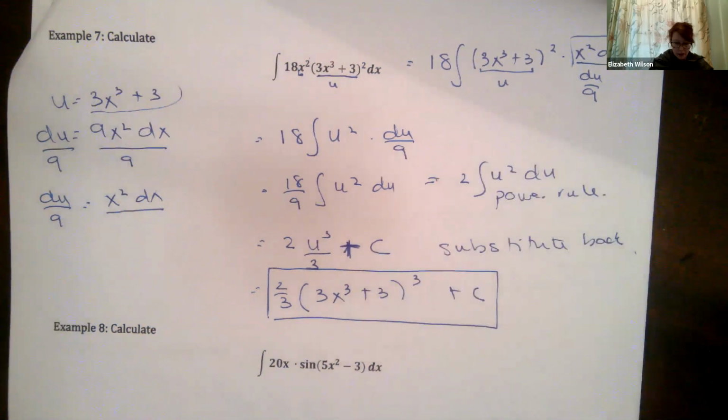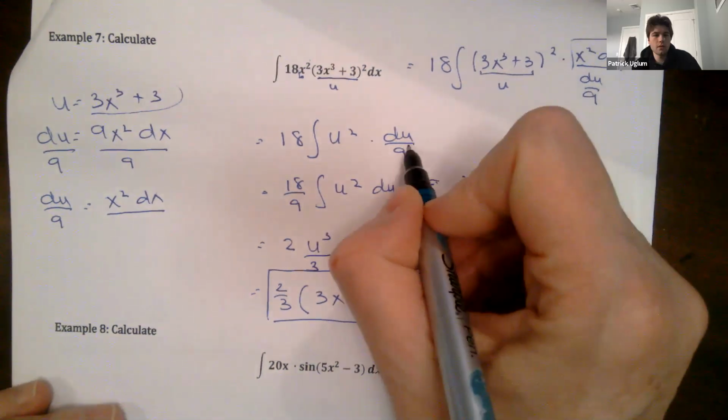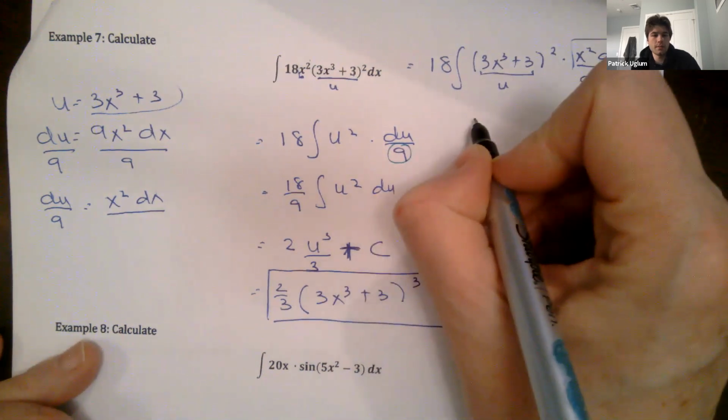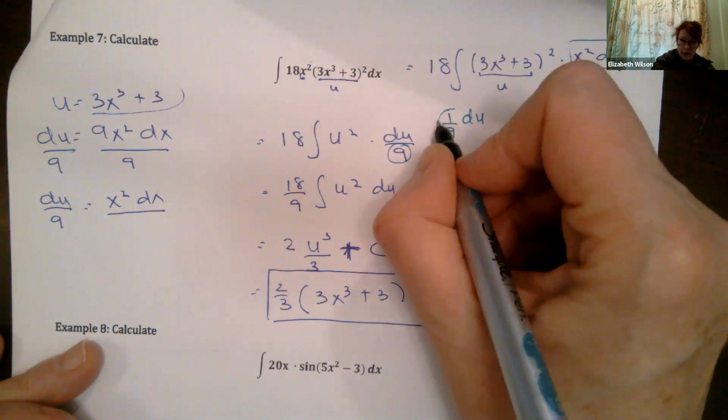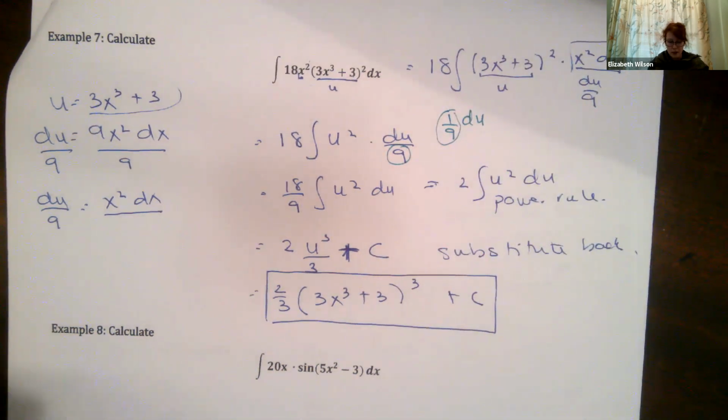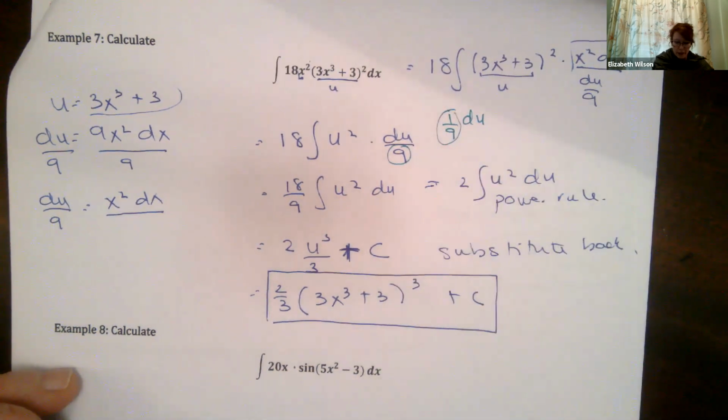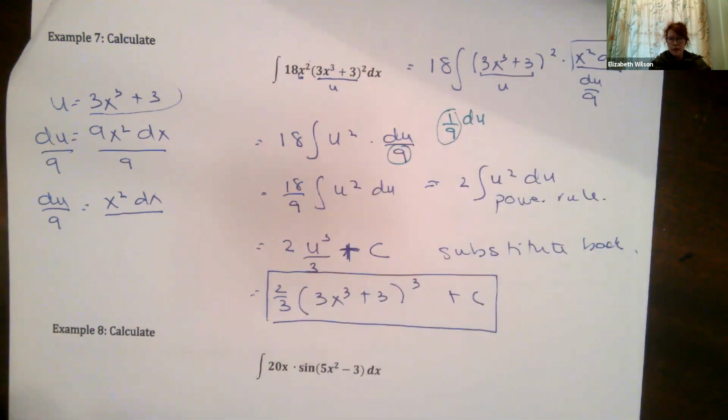Yeah, because right here, right? This du over 9 is equal to du times 1/9, right? Remember, constant terms, these numbers, can just be brought through the integral. They just become a multiplier that I'm going to multiply my final answer by.